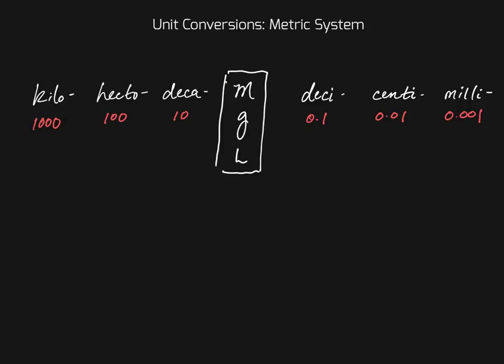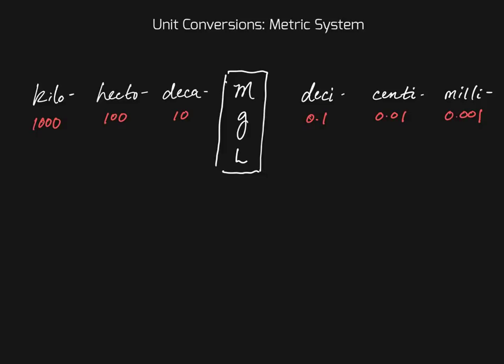Another example, let's say that an ant weighs 1 milligram. Well, that's saying that an ant weighs 1,000th of a gram. So our prefixes are telling us how much of that base unit we're dealing with.